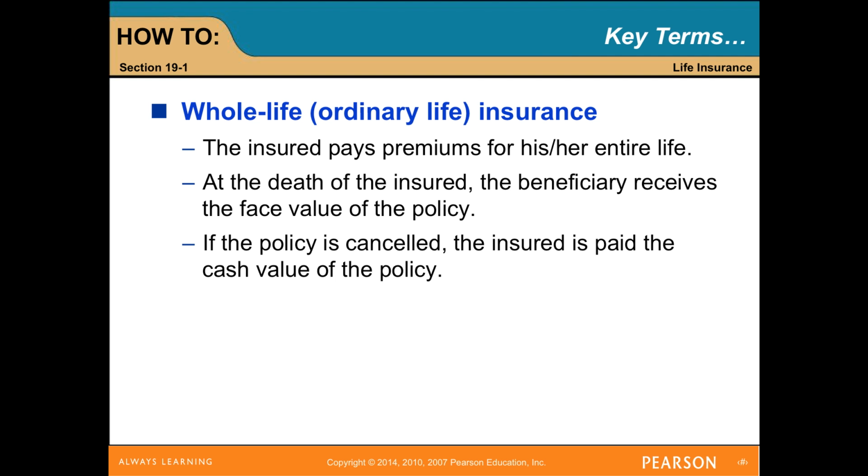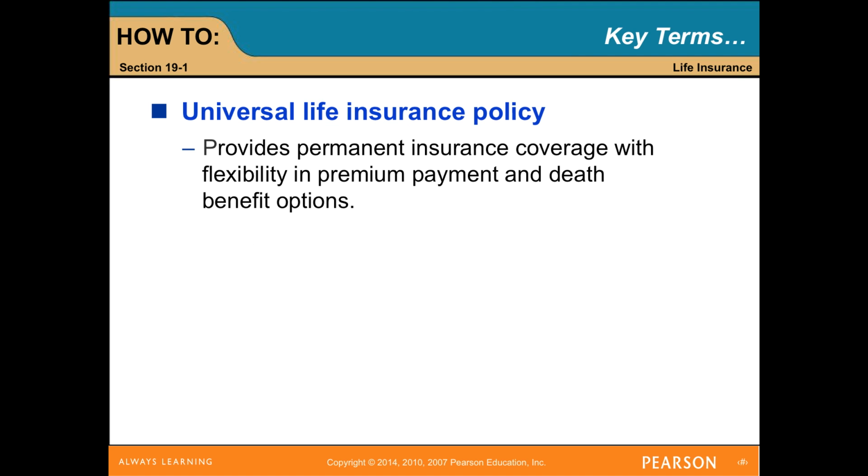Whole life or ordinary insurance is where the insured pays premiums for his or her entire life. At death of the insured, the beneficiary receives the face value of the policy, ideally. If the policy is canceled, the insured is paid the cash value of the policy. A universal life insurance policy provides permanent insurance coverage with flexibility in premium payment and death benefit options.